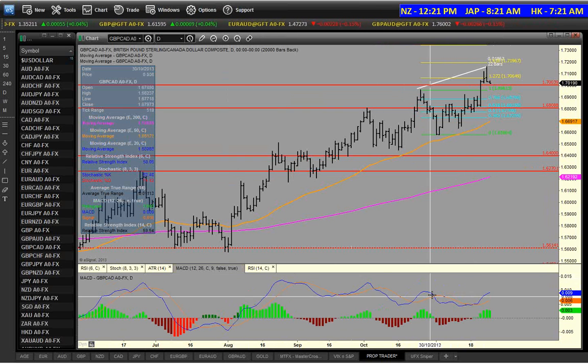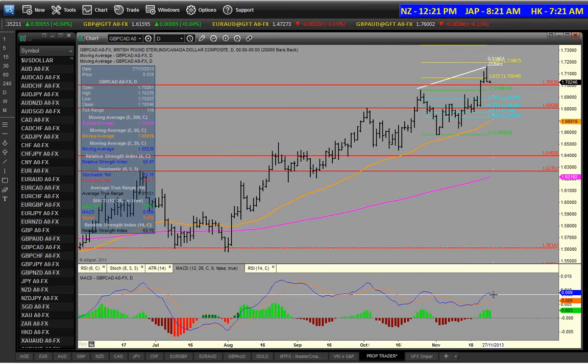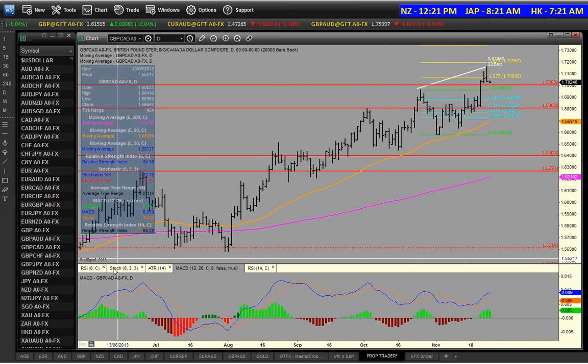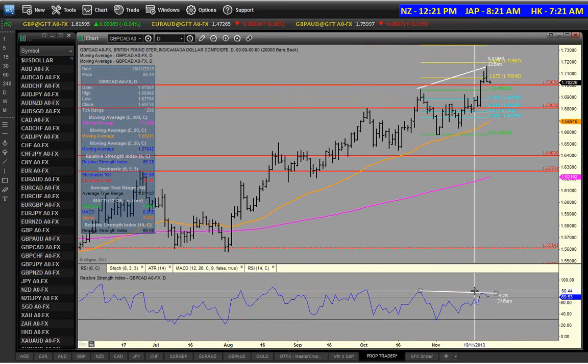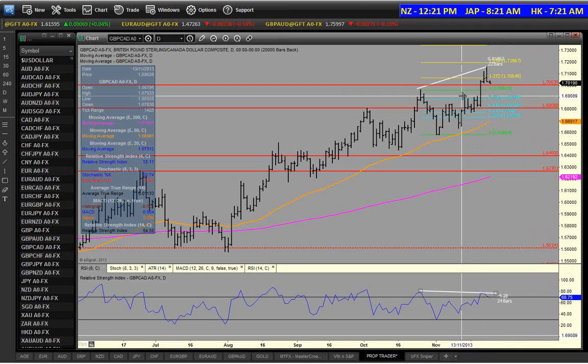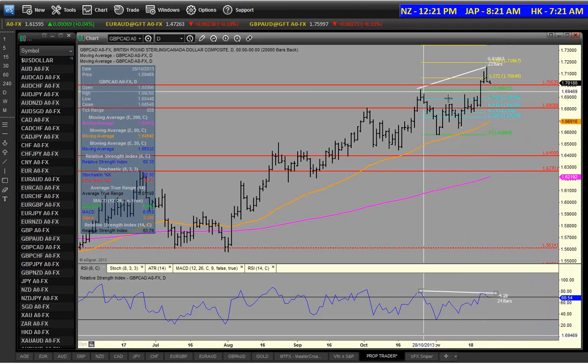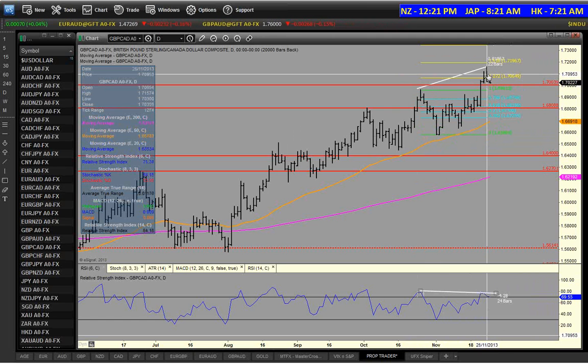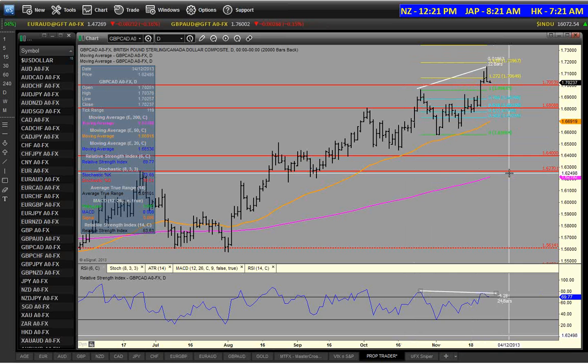Even your MACD is showing divergence across those three highs. RSI is showing us slightly lower, but you wouldn't be looking at this high because there's a higher high just in front of it. So there's your phase 2 and there's your new phase 1. So you could compare it to the previous cycle.